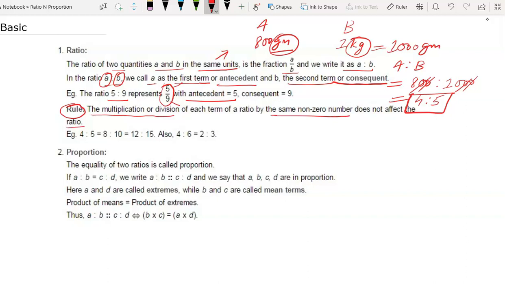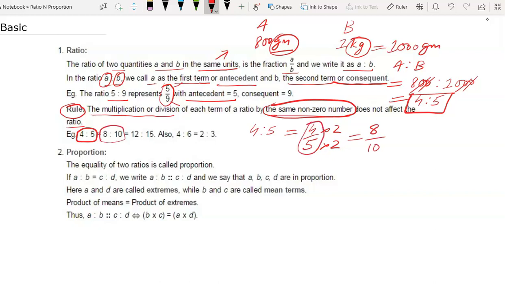That means, for example, let's say the ratio is 4 is to 5. Now if we multiply it by the same non-zero number, let's say 2, we multiply both, so we will get 4 2s are 8 and 5 2s are 10.